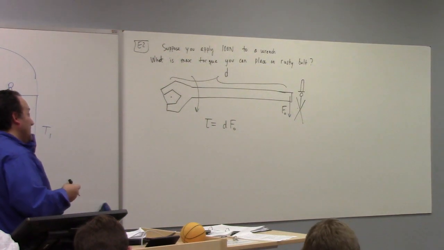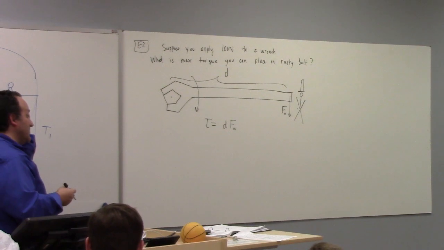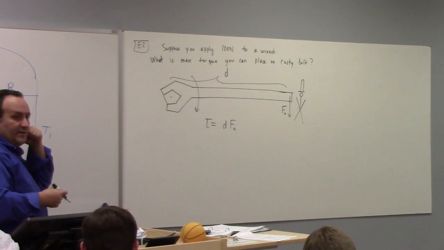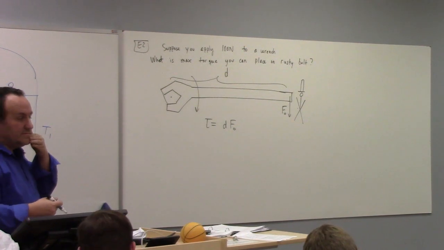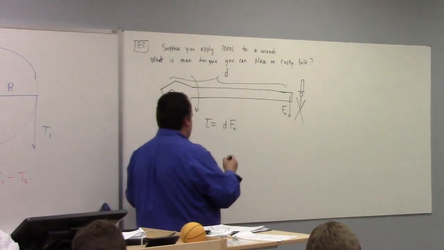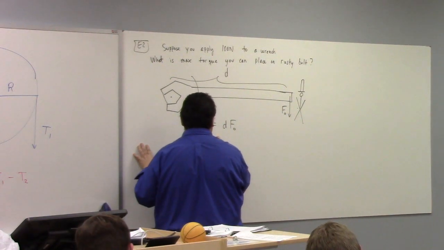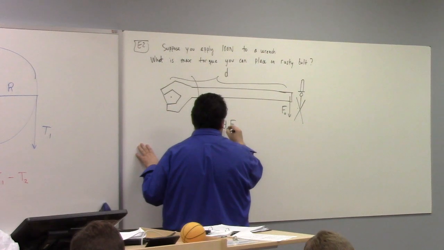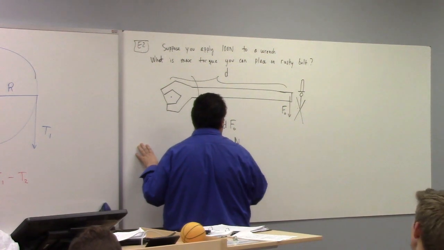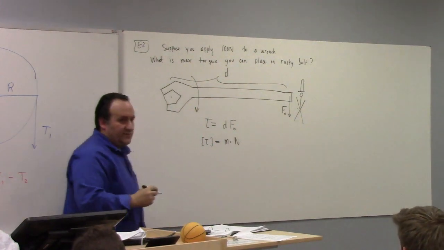And it almost seems like you get something for nothing, but what's the rub here? By the way, what are the units for torque? We're looking at distance in meters, and F is in newtons. It's a newton meter. Newton meter is also known as what?